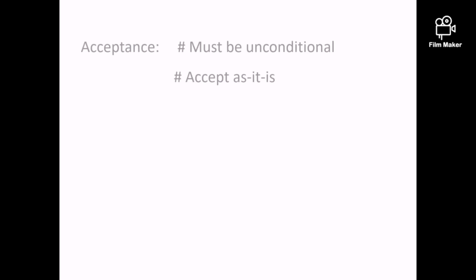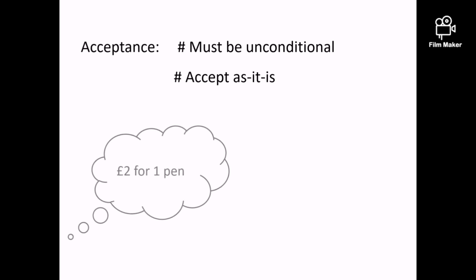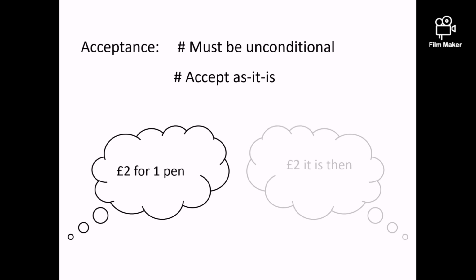Now, when we see an offer, we can either ignore it or accept it or make a counter offer. We accept an offer by agreeing to the terms of the offerer as it is. That means if the offerer says £2 for one pen, then we agree to pay £2 exact.